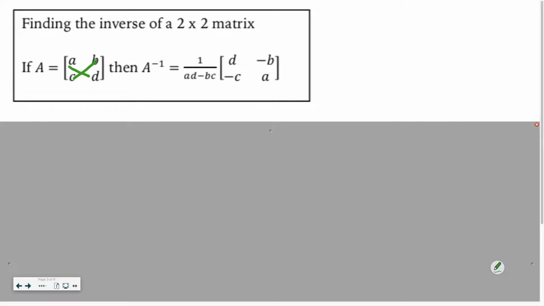Now do you notice how these entries in here are different? What happened right here? A and D, the ones we've already paired together, switched places, right? So these switched. What happened with these right here?